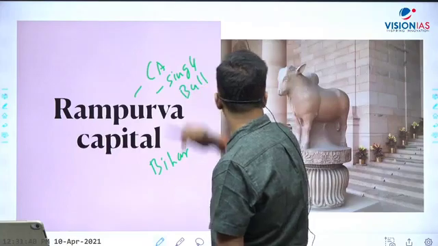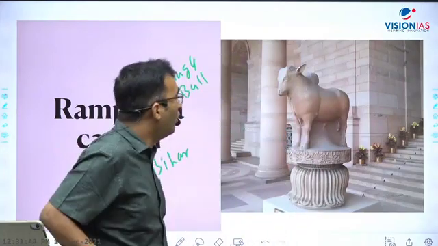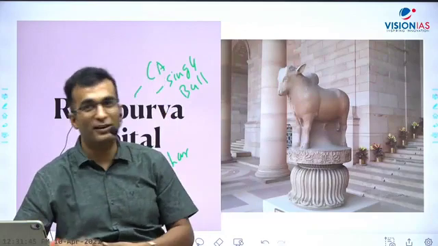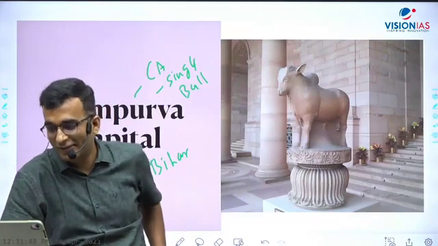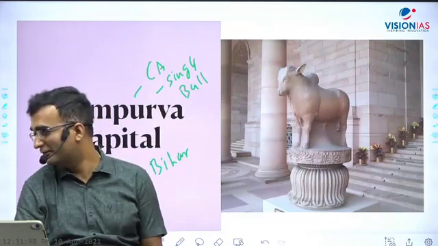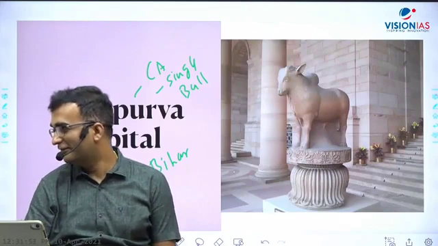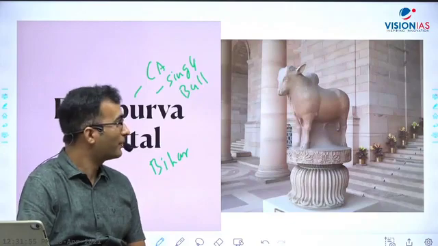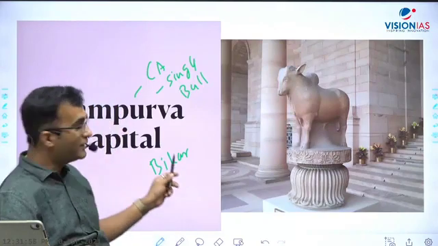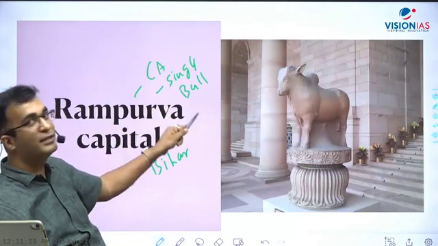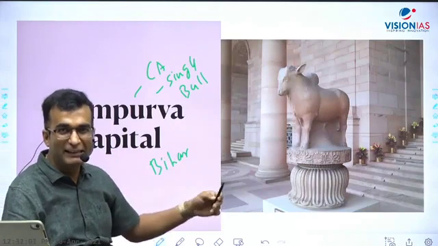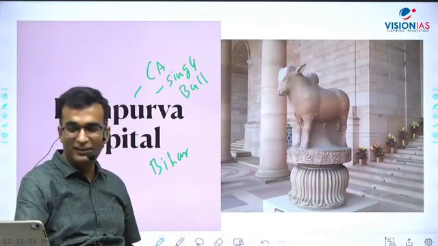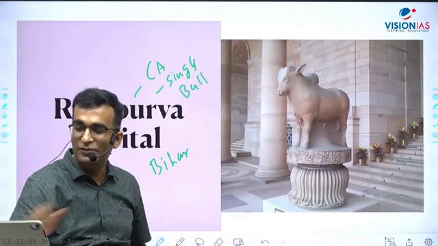And also the horn of the bull somebody has broken. So Rampurwa pillar, this is from Bihar, and crowning animal is the bull. Don't write single bull, it doesn't look right. A bull by itself is very strong.